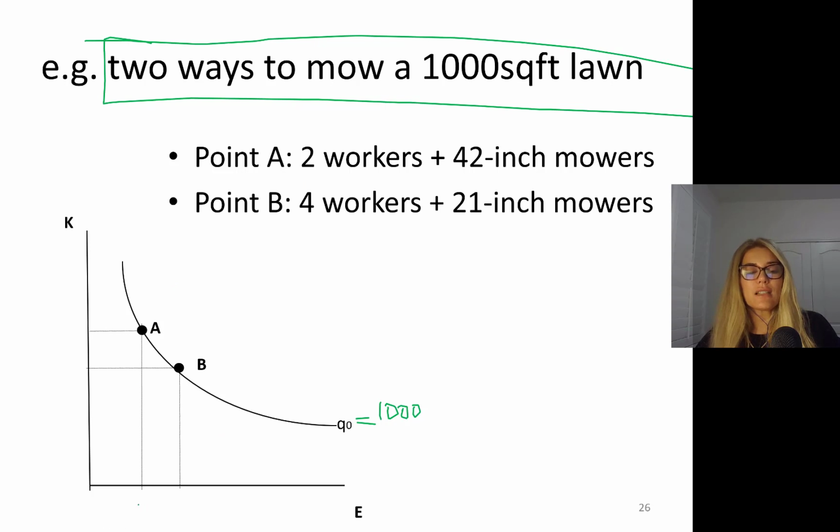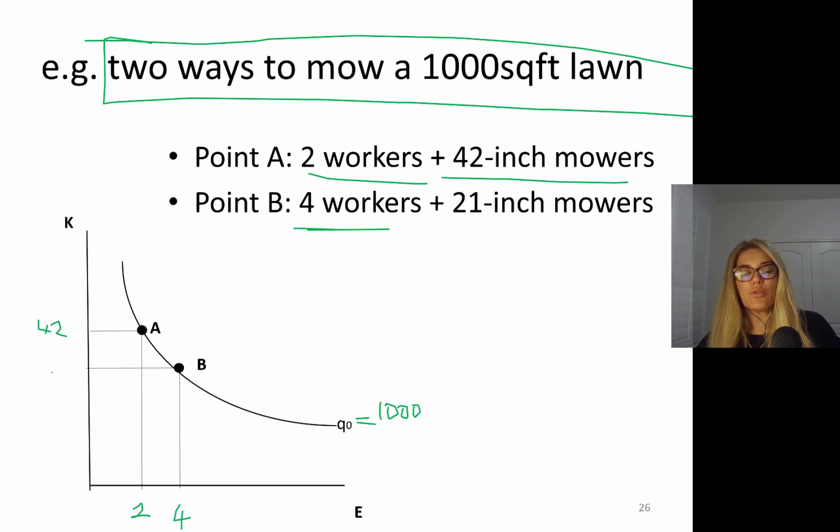Point A uses fewer workers: 2 workers using 42-inch mowers, which is bigger capital. Versus the more labor-intensive point B, with 4 workers and only 21-inch mowers. I'm talking about the machines we use to cut grass. Some of them are smaller, some are really big. I'm talking about the bigger ones.